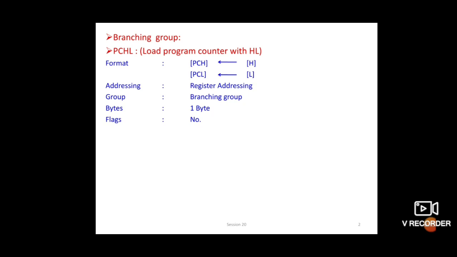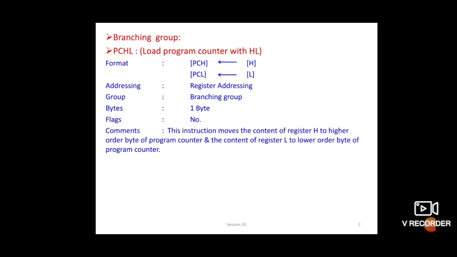Here only registers are available, so the instruction requires only a 1 byte memory location. Flags: none, meaning no flags are affected, because here data is only transferred from one location to another. There is no calculation, so no flags are affected.